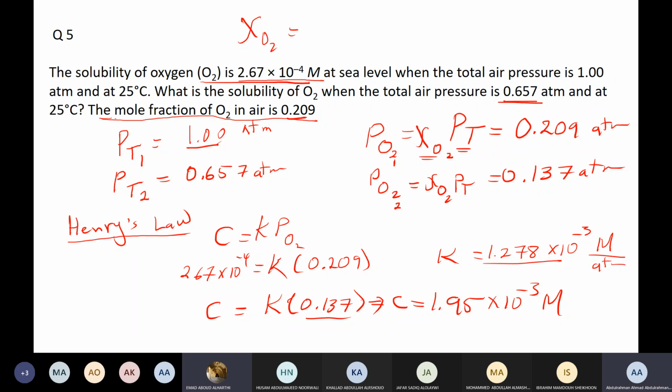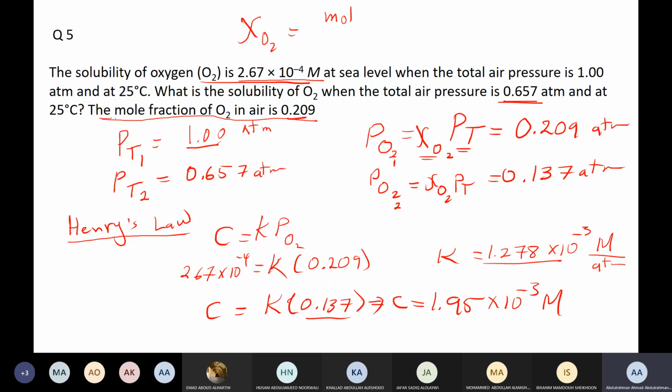I remember it from Antoine's equation, but here in this course, I'm not sure. We give it to you in chapter 10 and in chapter 13.